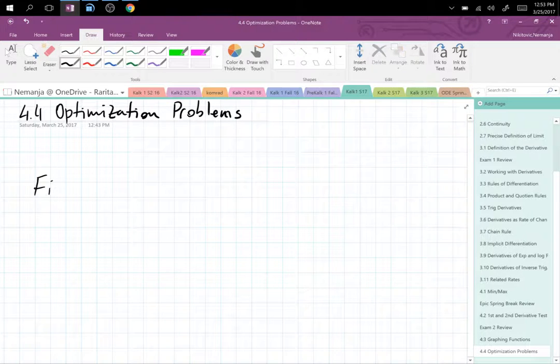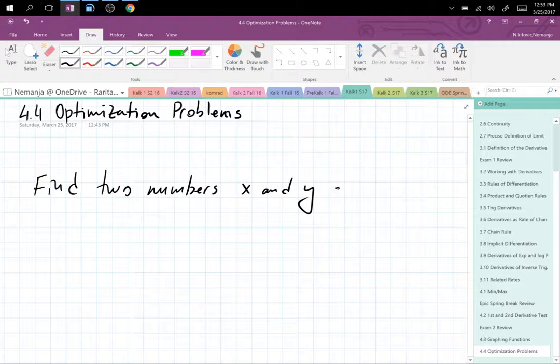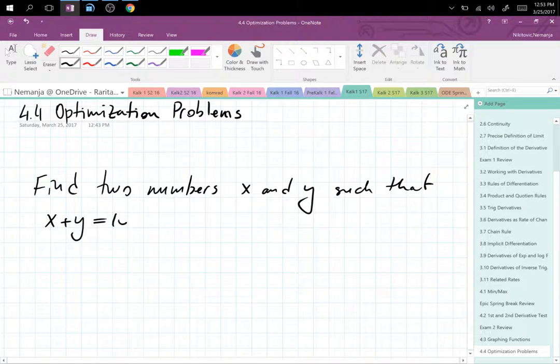We can start with a word problem that says: find two numbers x and y such that x plus y is 10 and x squared y is the max.